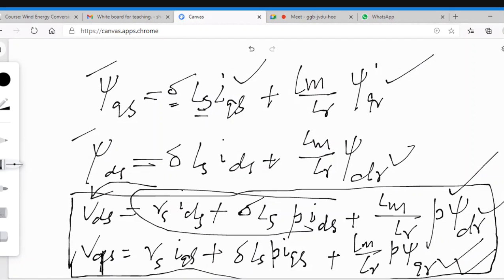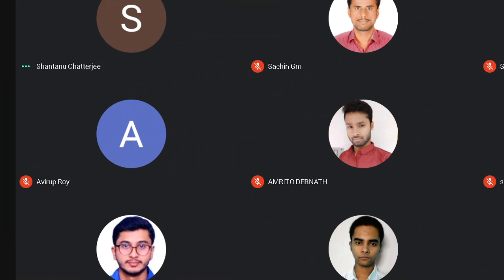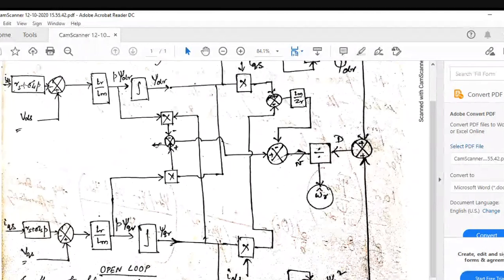Just observe these two equations. Correct or not? These two equations are visible or not? Yes, visible. So from this one you can easily say that VDS minus of IDS into RS plus of sigma LSP, into LR by LM, is basically equal to P phi DR. Correct or not?